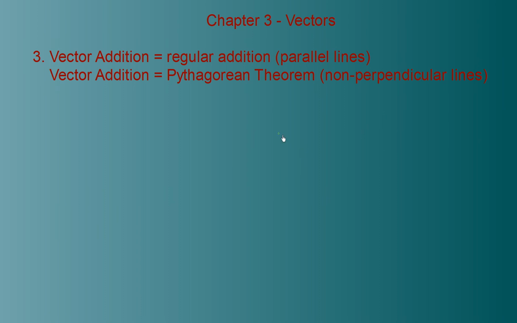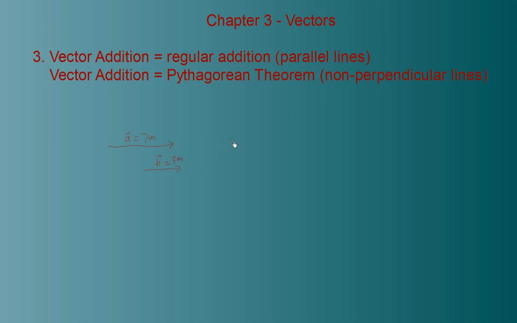Vector addition. So when 2 vectors are parallel, we'll call this A vector, which equals, let's say, 7 meters. And we have a B vector, which is 3 meters.